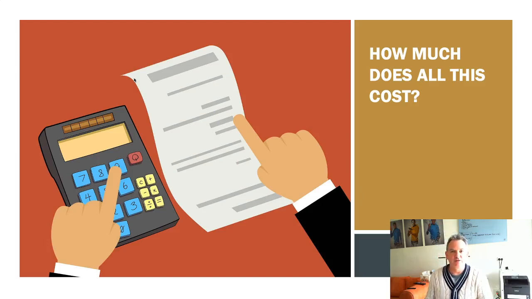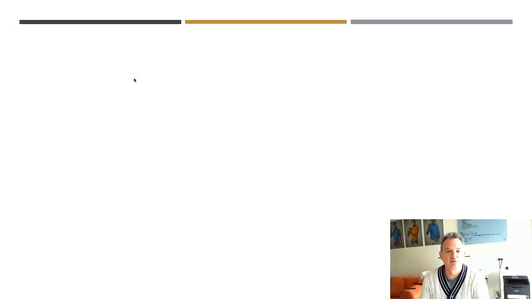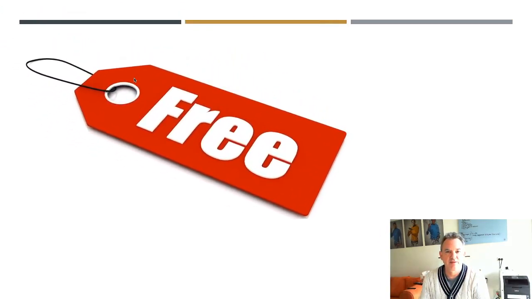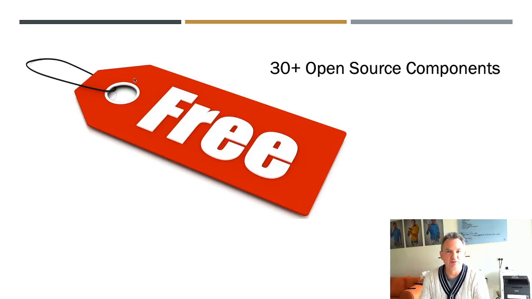Everyone's aware that technology projects and technology itself is very expensive. But what you're probably not aware of is that technology people give technology to other technology people for free. So all of those things that we mentioned there are absolutely free, don't cost us anything. In fact, that's a simplified version. We've got more than 30 components that are free software. Free software is usually called open source, which just means the source code is open for anyone to use.